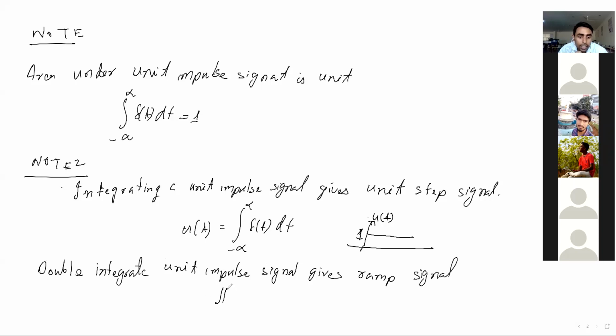If we double integrate del t dt, the inside integral will give the unit step signal, because we already know the integration of del t dt is a unit step signal. Again, when we integrate a unit step signal, we get a ramp signal. Like that, we can find the parabolic signal also. The parabolic signal we can find by triple integration of the unit impulse signal.